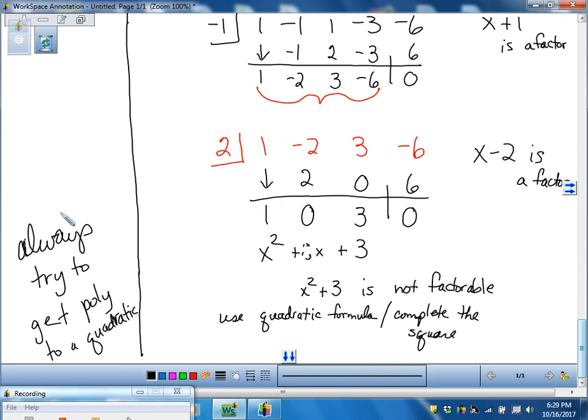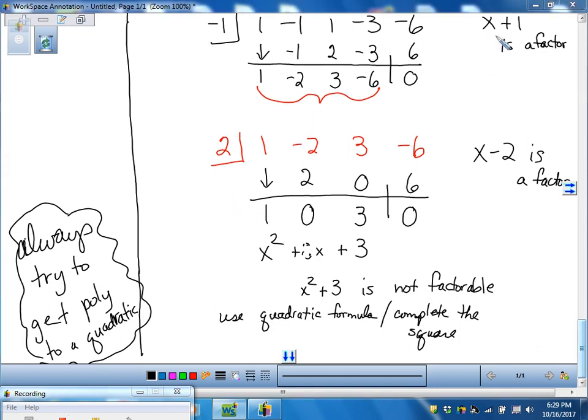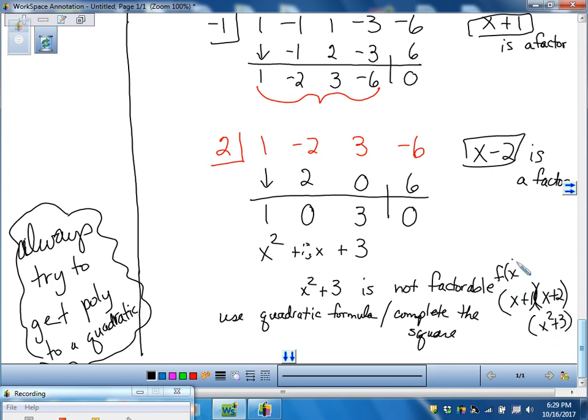And that's the purpose of the rational root theorem and synthetic division or long division. And so we've gotten to the factors of x plus 1 and x minus 2, and once I've done that, this is the broken down form of our function. This is what f of x is equal to.